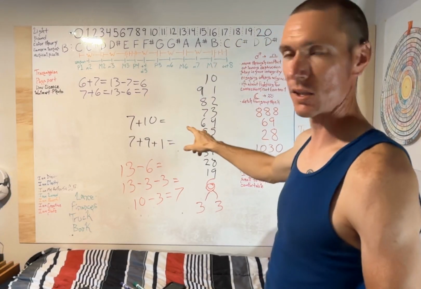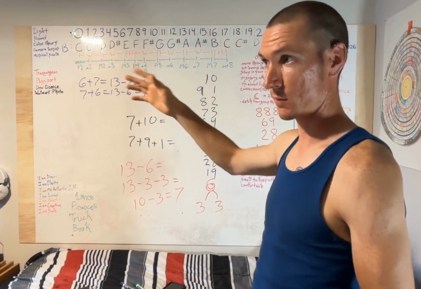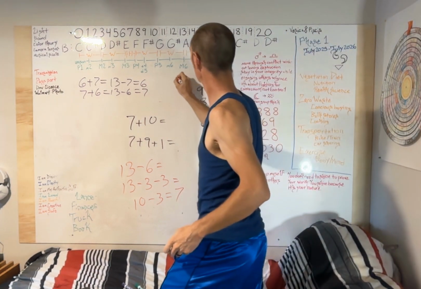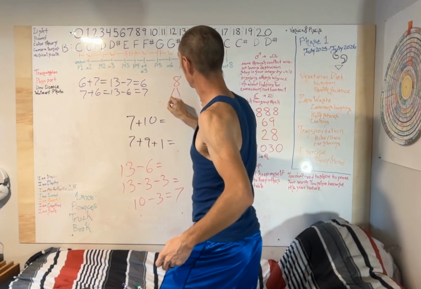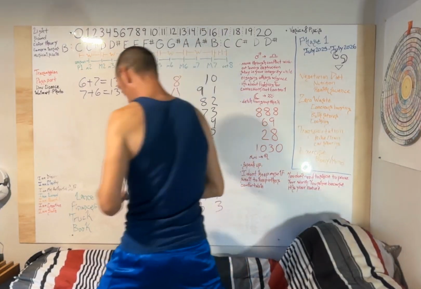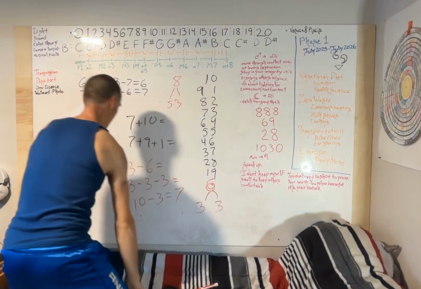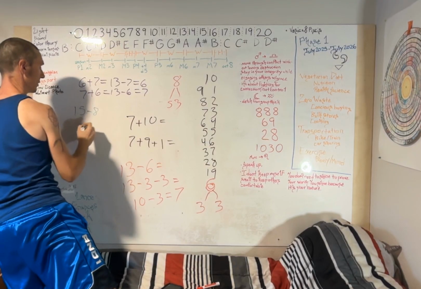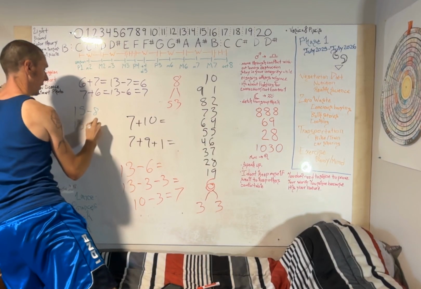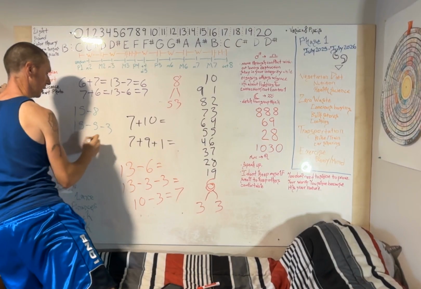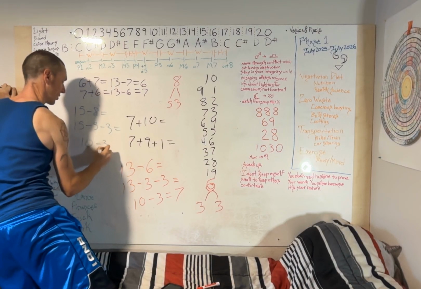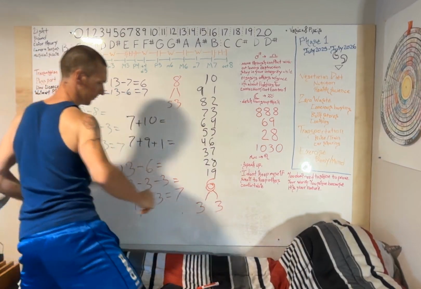So this is how I started doing it, because 15 minus 8, that 8 can be represented as a 5 and a 3. So I'll write this out. 15 minus 8 is 15 minus 5 minus 3, which is 10 minus 3, which is 7.